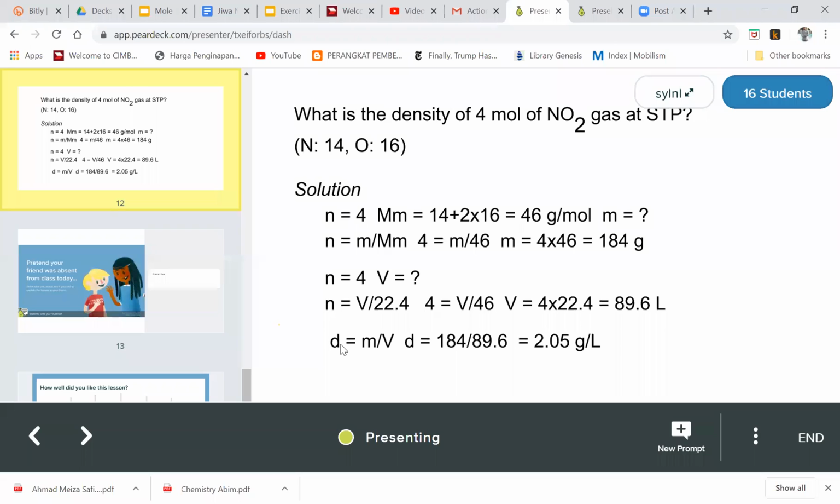And the density is very easy to find. The density is equal to mass over volume. So the mass you found is 184 and the volume is 89.6. So you will get the density is 2.05 gram per liter. Okay? Does everybody understand this? Please give response.